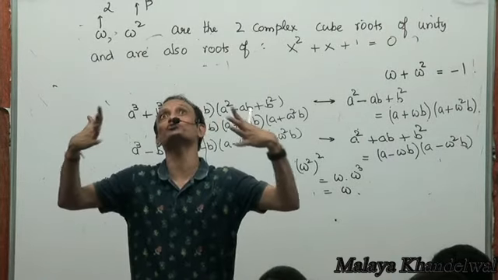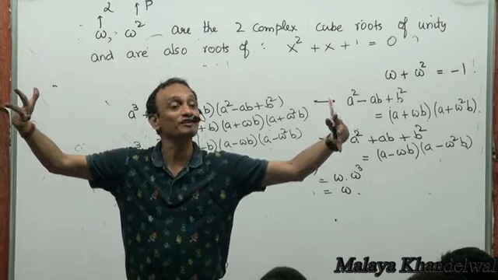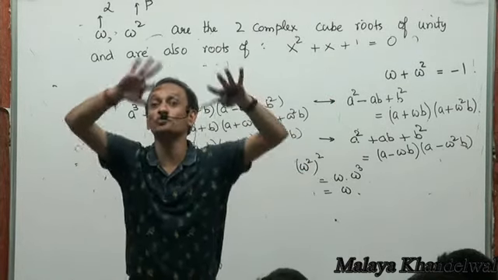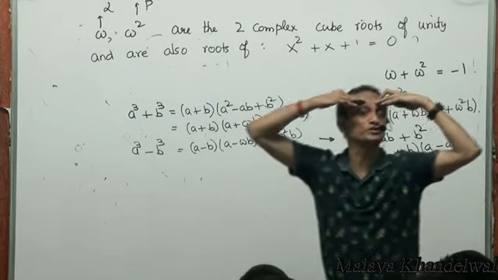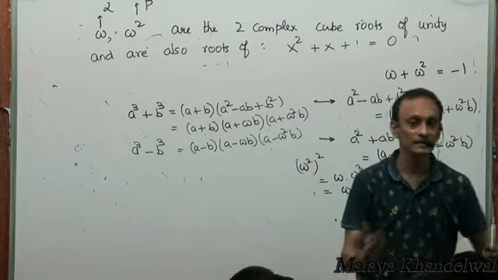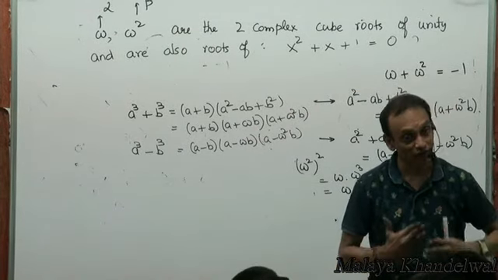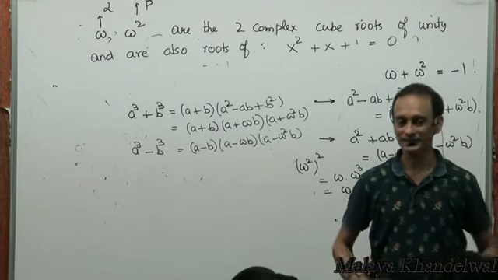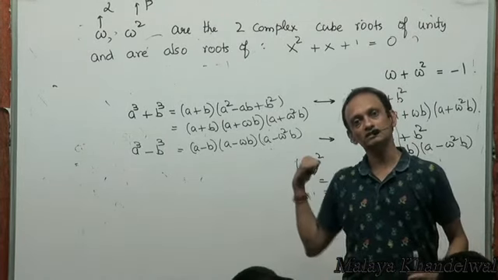See, you are used to a very typical domain of real numbers in which, if you find each one is the square of the other, you would be tempted to conclude and believe that they are equal. But in the domain of complex numbers, that is no longer true. So we have a new set of things coming our way when it comes to complex numbers, right? Is that okay so far?